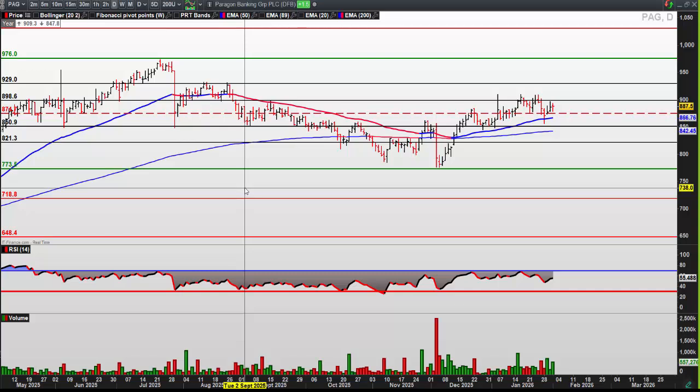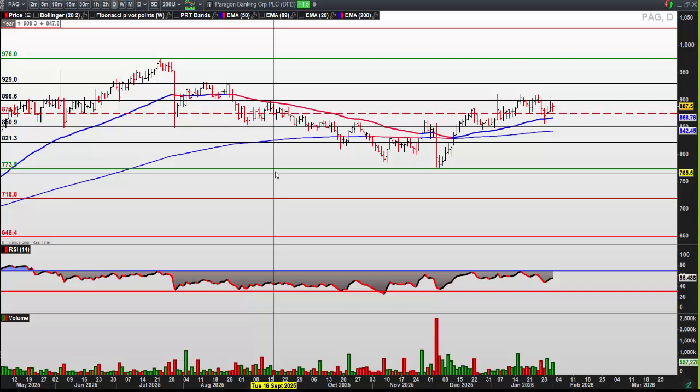Personally, I would love to see 850. What's your view? It's holding this 875 very well. The volume's improving. I can see why you're looking at it.